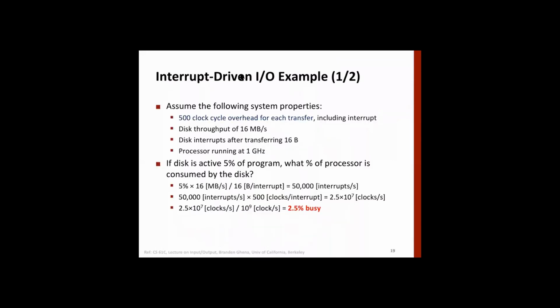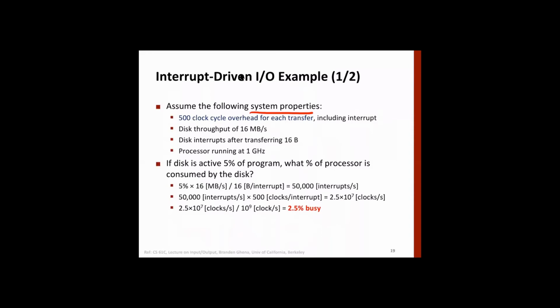Okay. Last class we looked at two examples, and we saw how much time is spent doing polling. Now look at a similar example, but here we are using interrupts. Assume the following properties.